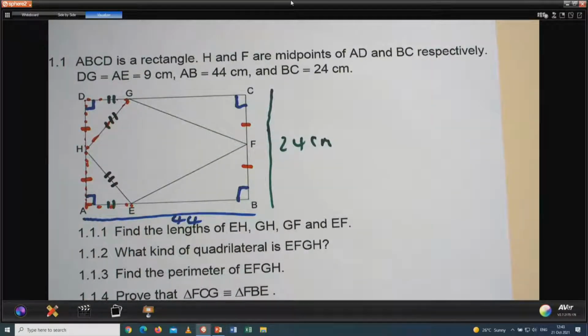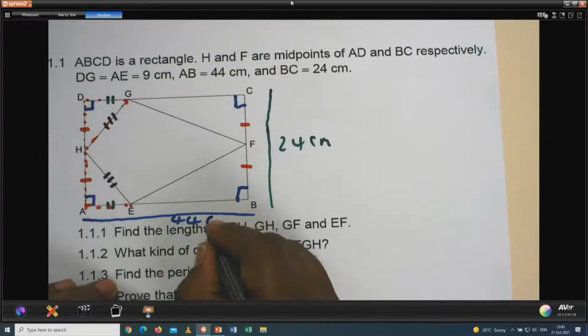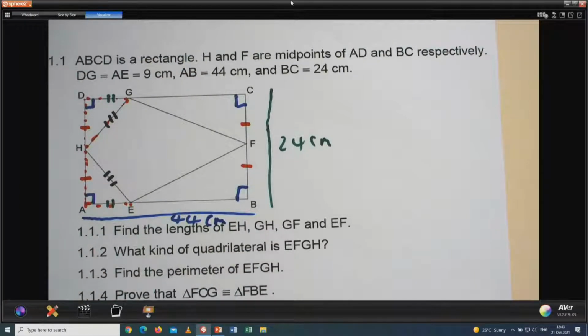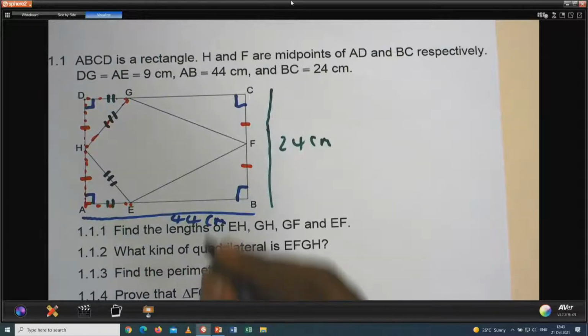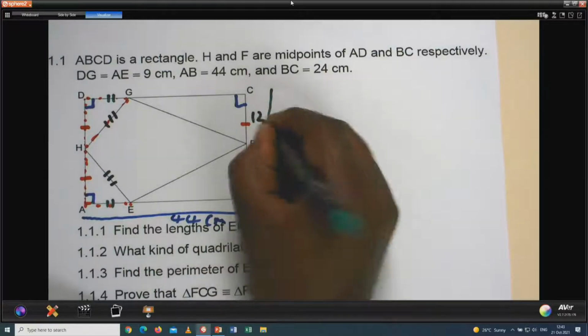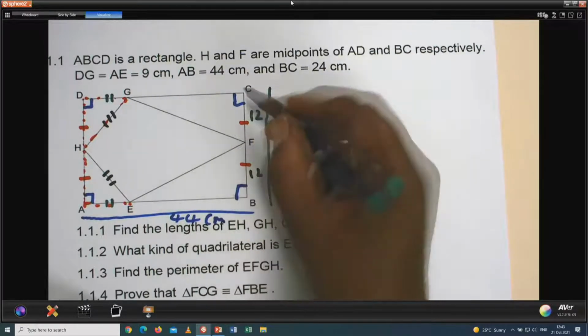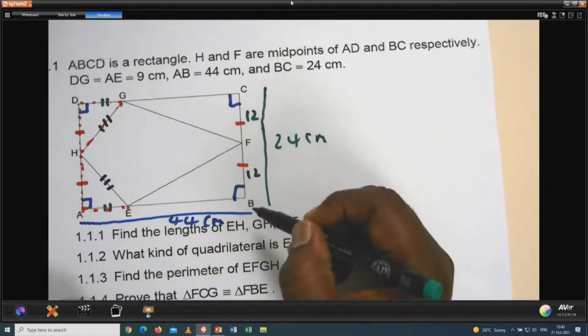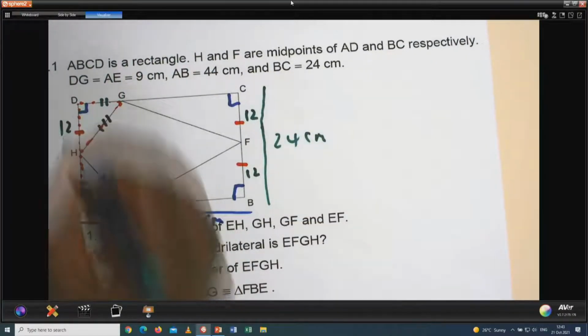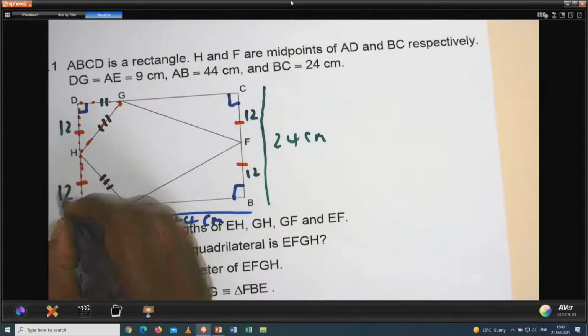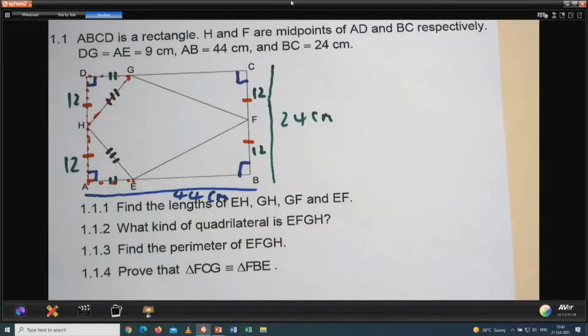And if BC is 24, because there's a midpoint somewhere, therefore CF is 12, FB is 12, DH is 12, HA is 12. Because remember what I said, you have to know the properties.